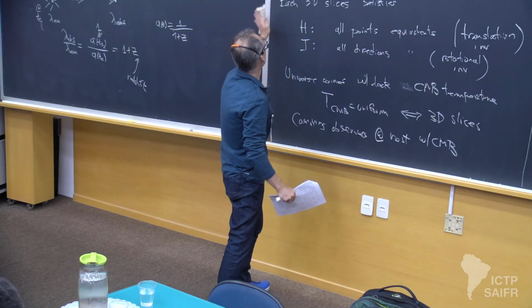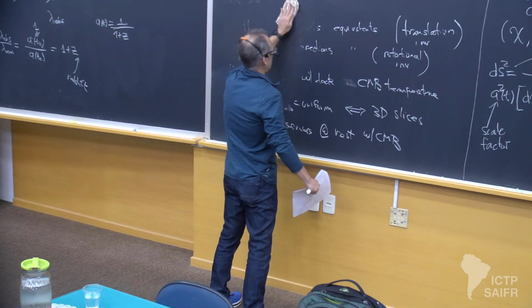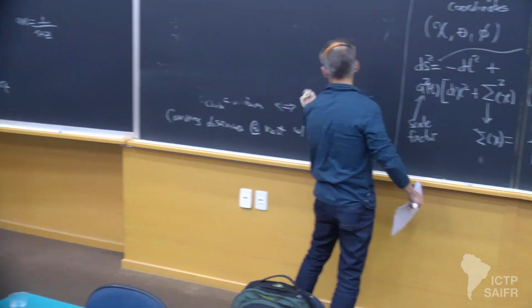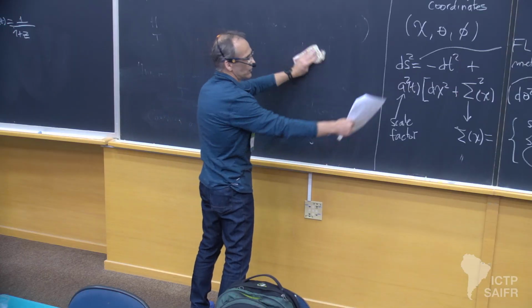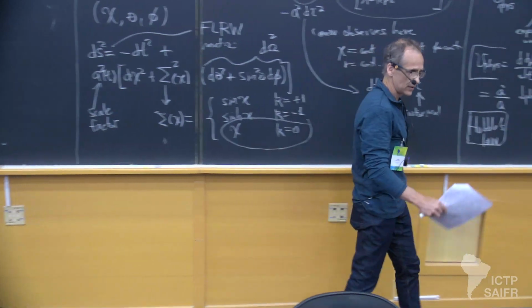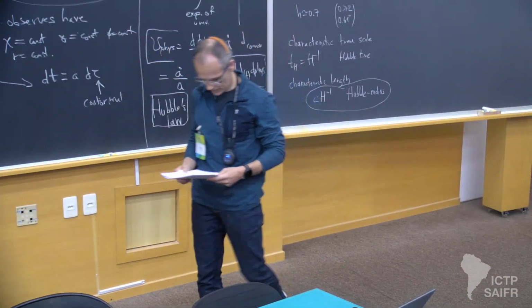Okay, so now how do we put this together into general relativity? Everything I said until now is all from the symmetries, without using any equations from general relativity. This is true for any metric theory of gravity.